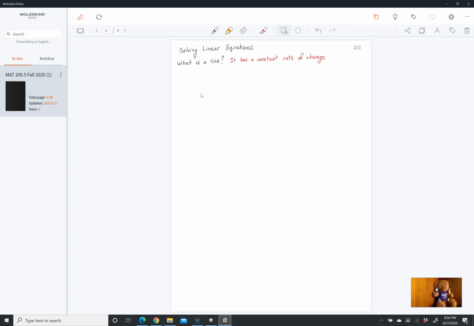We could think about it even in terms of escalators. There's a constant rate of change. The time that it takes you to go from one floor to the next is the same. The number of escalator steps to go from one floor to the next is the same. So because that change is constant, we say that this is a linear change.